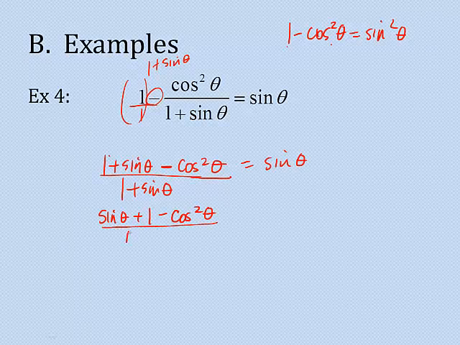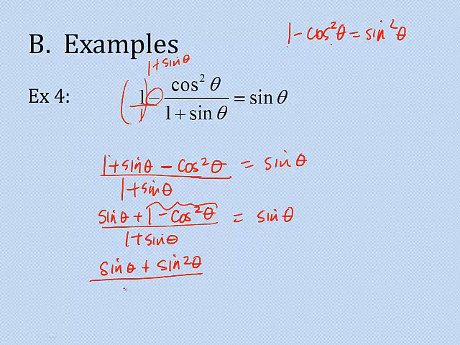All of that over 1 plus the sine of theta equals the sine of theta. Now, I can replace this with sine squared. Right? Now, I'm still trying to get sine by itself, right?